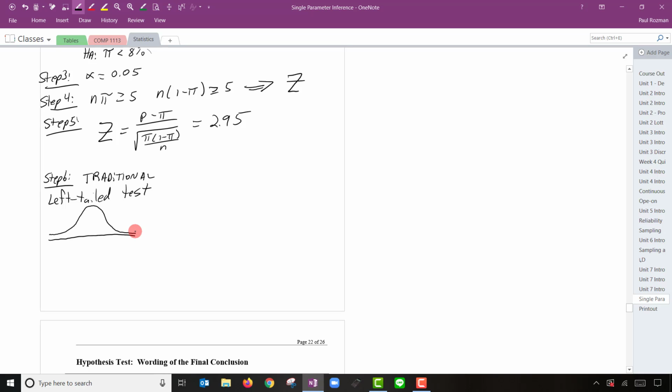In our confidence intervals, we always had an upper and lower bound. A hypothesis test can be one-tailed, where we only have to worry about the one side. So instead of having a Z written with alpha over 2, I'm going to write it just with a subscript alpha. All of my error will be on this one side. In this case, on the left side, because that's a left-tailed test. All our area is on this end.